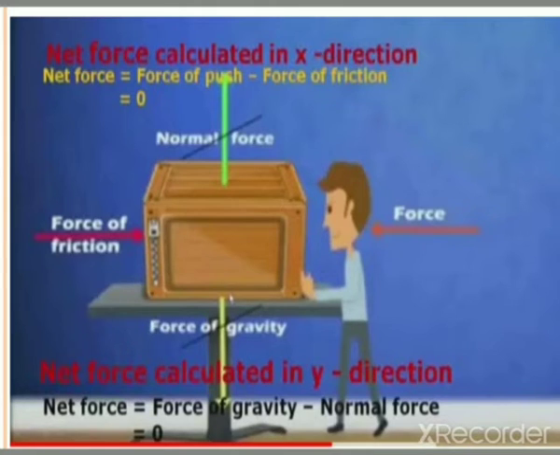And net force calculated in Y direction is again equal to force of gravity minus normal force, which is again equal to 0. Because of this, the net force is 0 in all the cases, because of which you are not able to move the box, because the forces cancel each other. Over to the next.